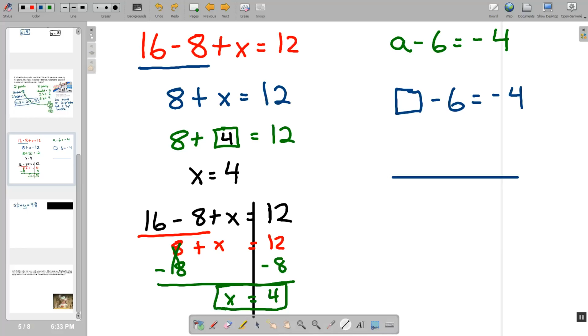So I'm going to draw a number line for this problem because I think it helps me figure this one out. We're going to start with the number negative 4, and I'm going to go 6 to the right of it. So 1 to the right is negative 3, negative 2, negative 1, 0, 1, and 2. And our answer here is 2.